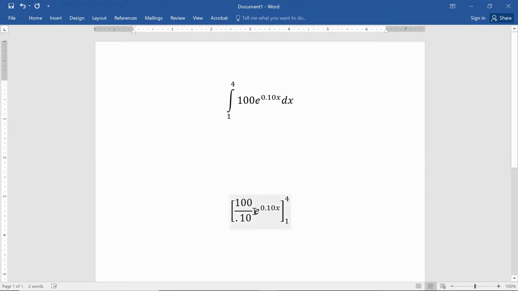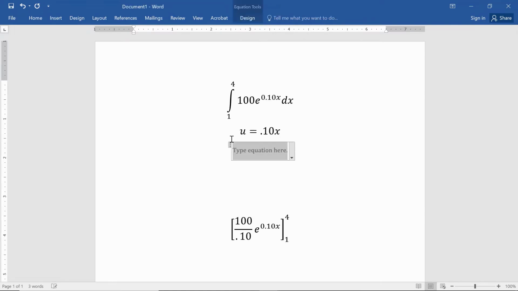So instead of just using my shortcut trick that I learned earlier about linear u's, I'm going to go through the entire process. I'm going to let u be equal to 0.10x.